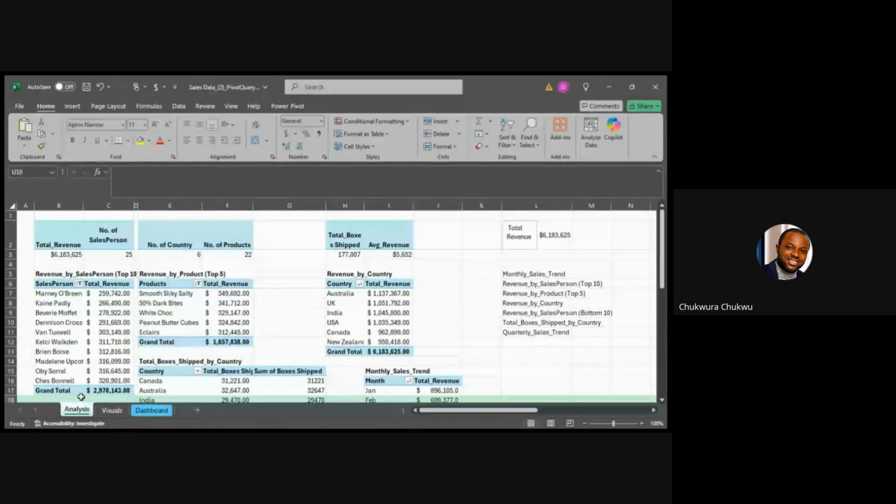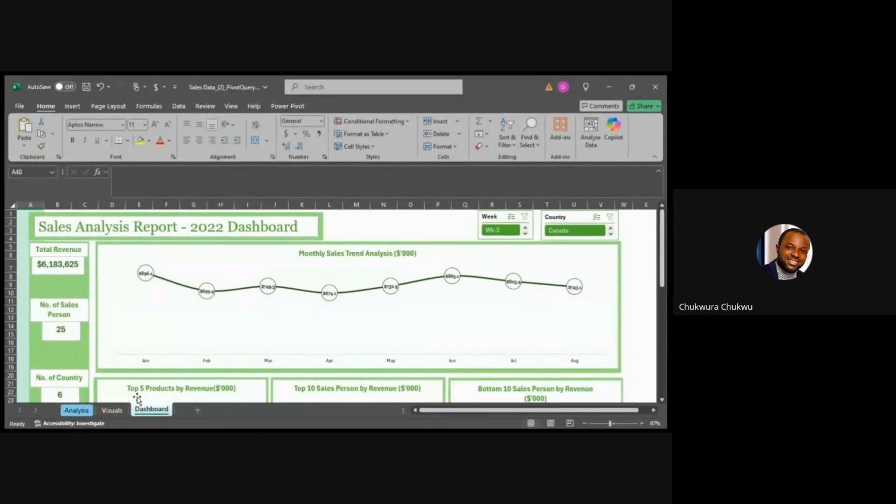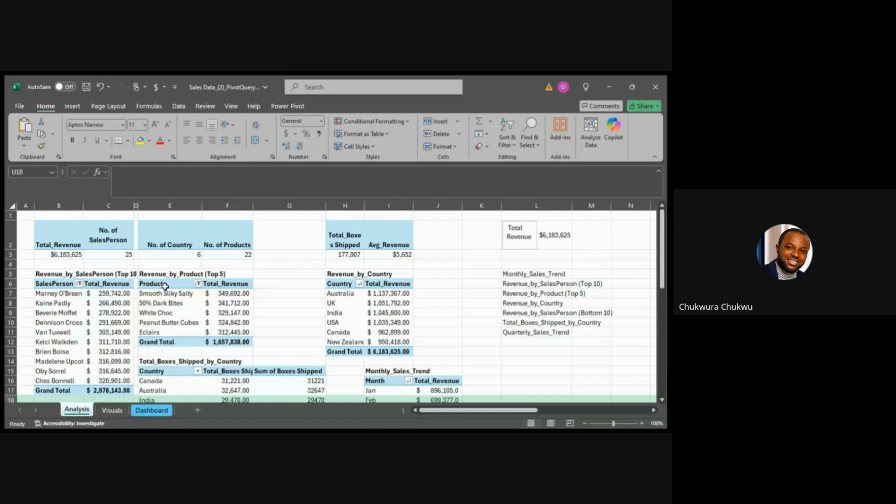From our last class, we got the data sets that relate to sales, and we wanted to analyze the sales using different KPIs and also other parameters. We talked about revenue by salesperson, looking at the top 10, then revenue by product, top 5, then revenue by country.